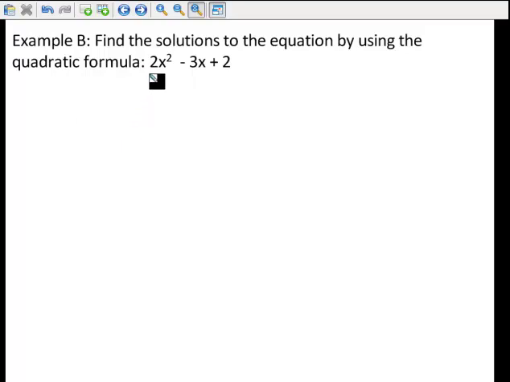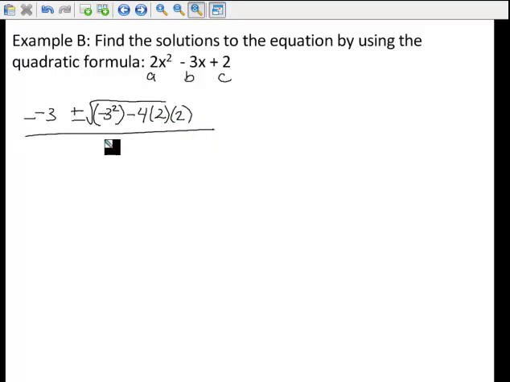Example B, we have a of 2, b of negative 3, and a c of 2. So to plug and chug, we have negative negative 3, which is a positive 3, plus or minus the square root of negative 3 squared minus 4 times 2 times 2, all over 2 times 2.